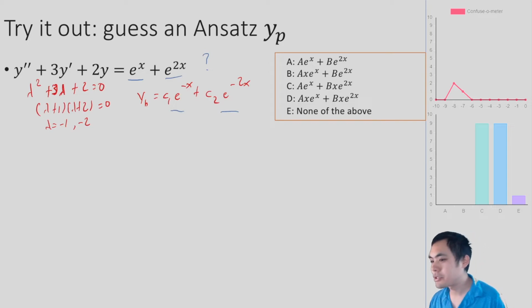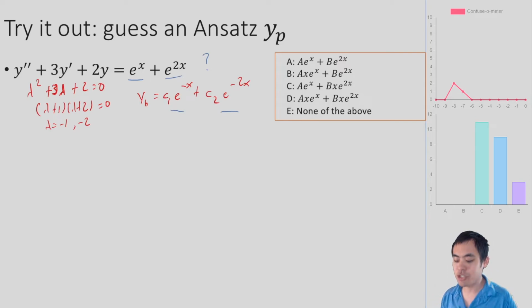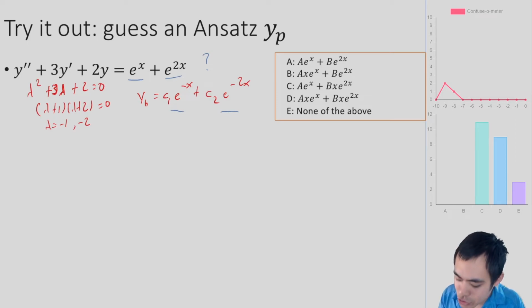Okay, that's a little bit concerning. We might have to spend a little bit more time on this on Friday. Because note that none of these match. E to the x doesn't match e to the minus x, or e to the minus 2x. And because none of these match, the answer is actually A.